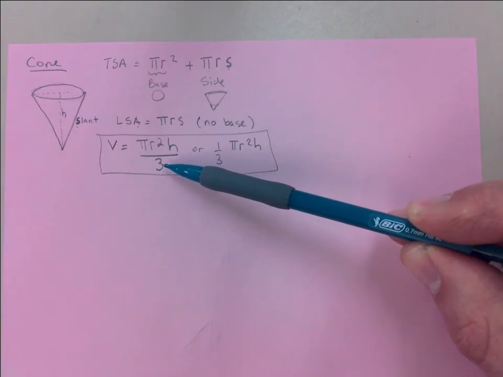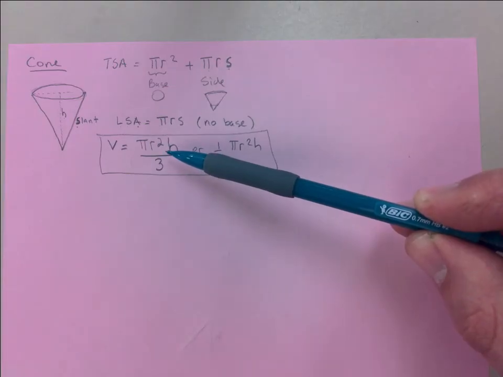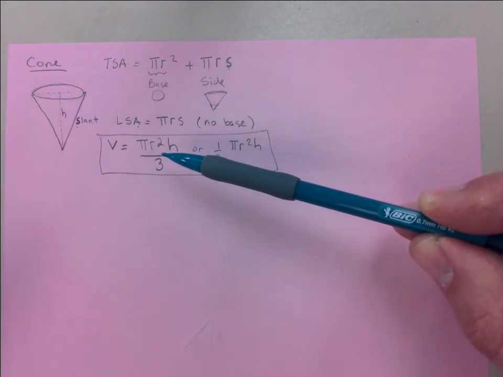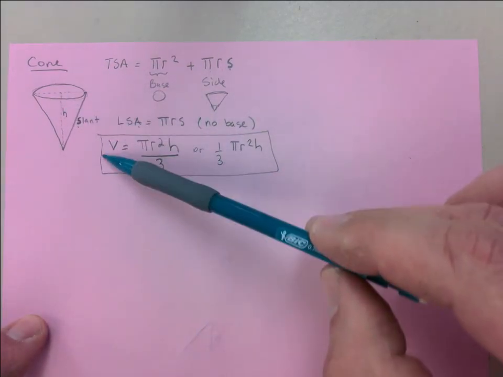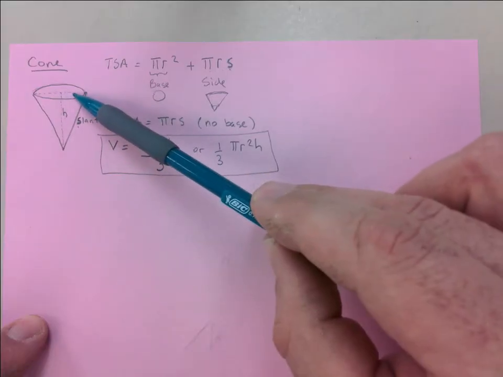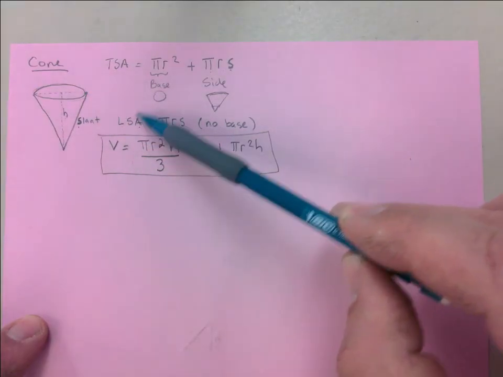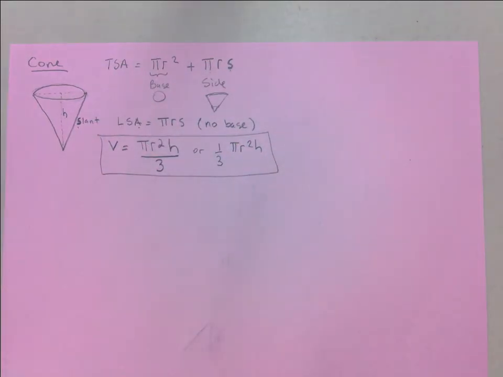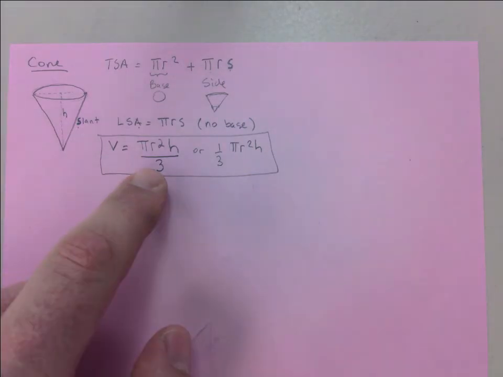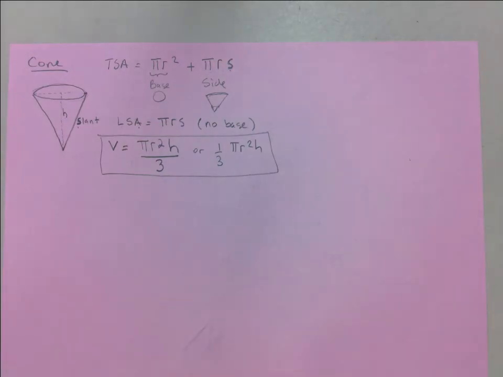You split it into thirds. And I don't have it on me right now, but a cool experiment is, if you take a cone and a cylinder with the exact same height and the exact same diameter, you're going to be able to take the water or the liquid that's in the cylinder and fill 3 cups. Right? Like the cone, if everything else is the same, the height and the diameter, you'll be able to fill 3 of them, because a cone is 1/3 of a cylinder. Okay, think of it that way.